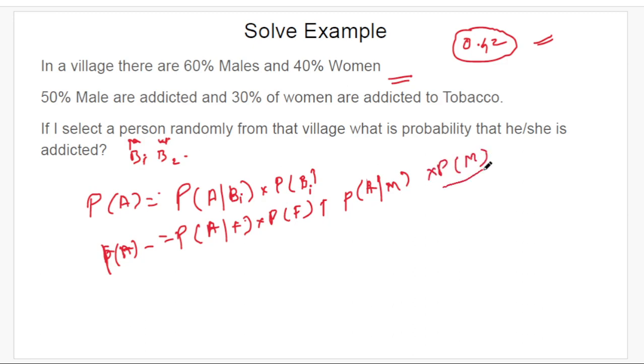This is the part I had missed. So please remember that. Probability of addicted given female will come around, and I don't know, now my brain stopped working. But if you do this calculation, it should come eventually to 0.42. We were missing this part here, which you need to remember.